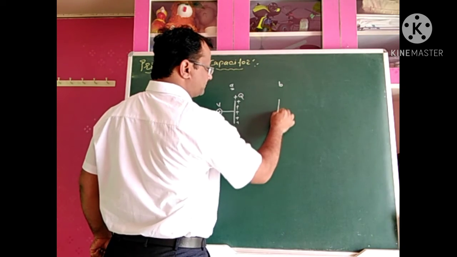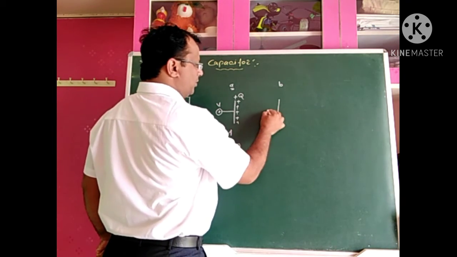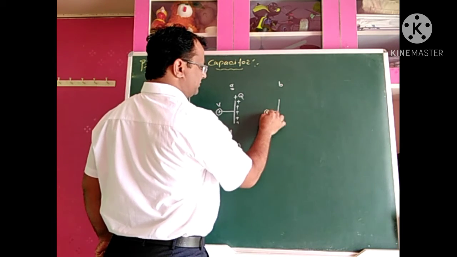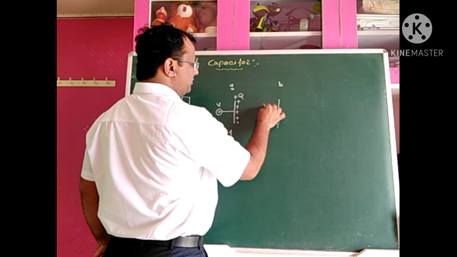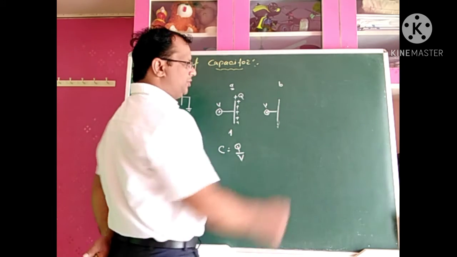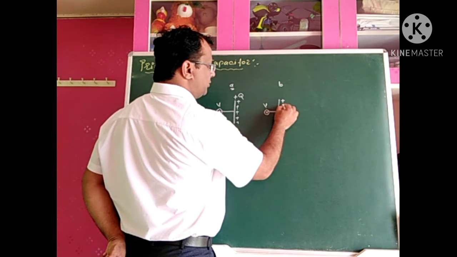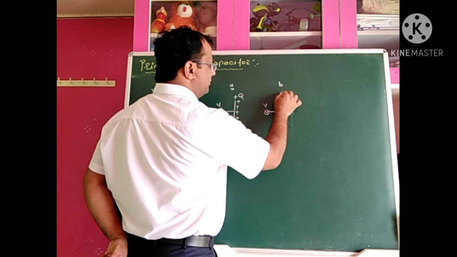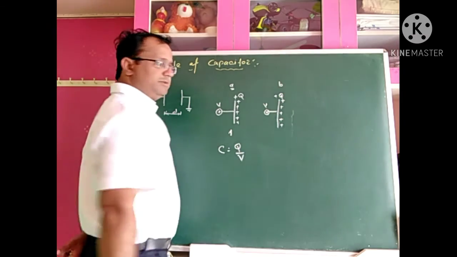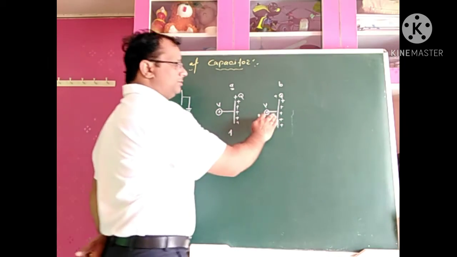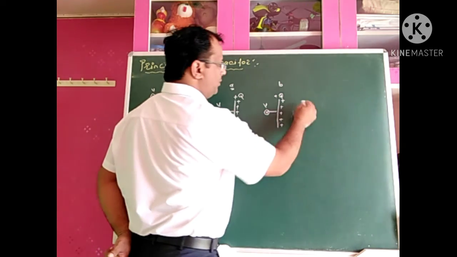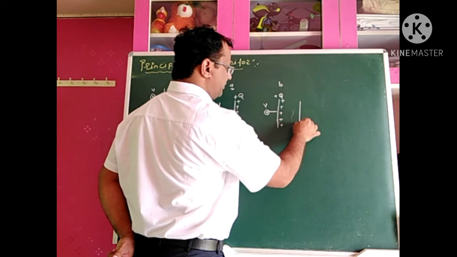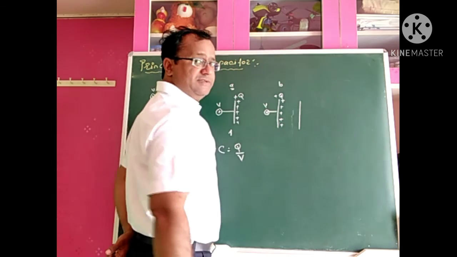Suppose we take the first plate as it is, and give it a positive potential. Due to this positive potential, positive charges are deposited on this plate. In front of this plate we keep a second plate at some distance.